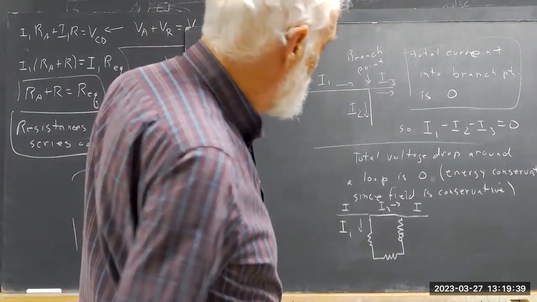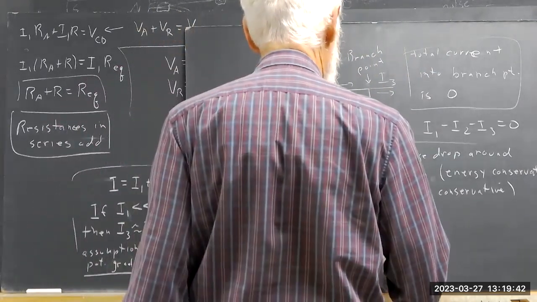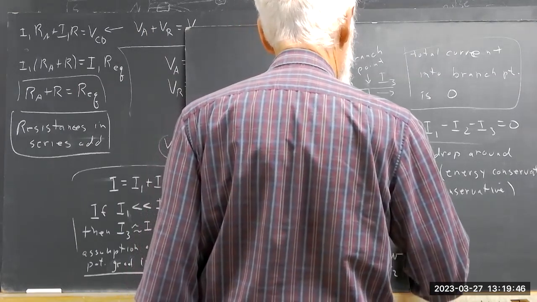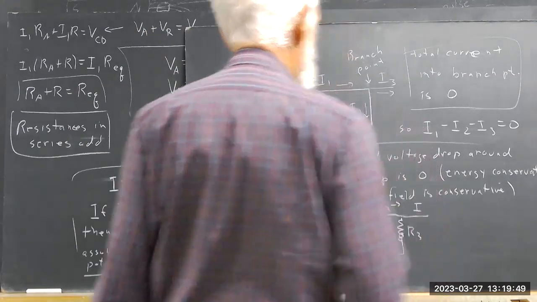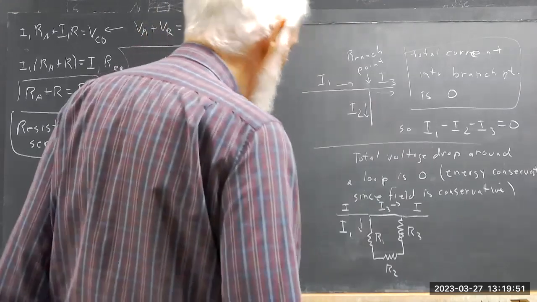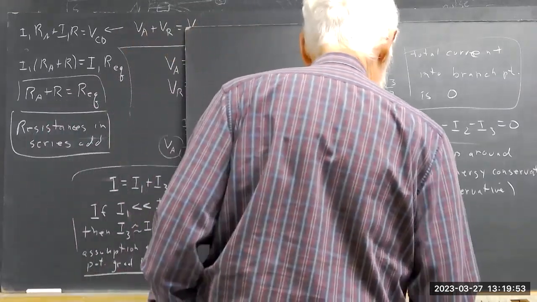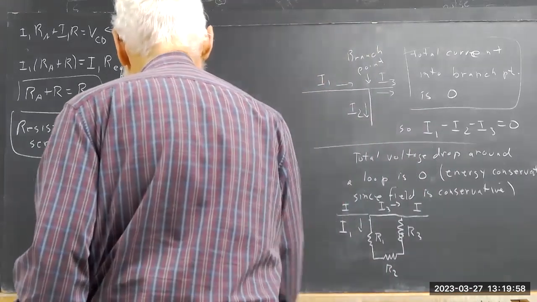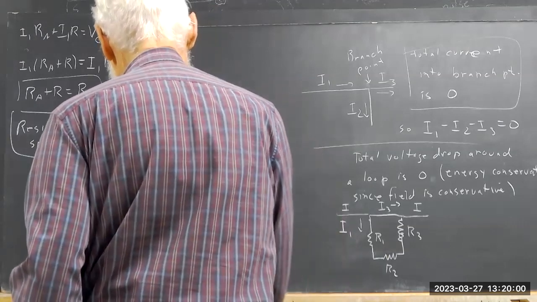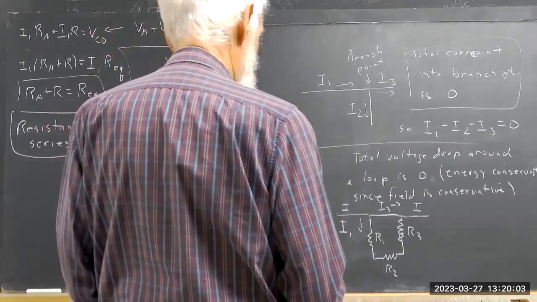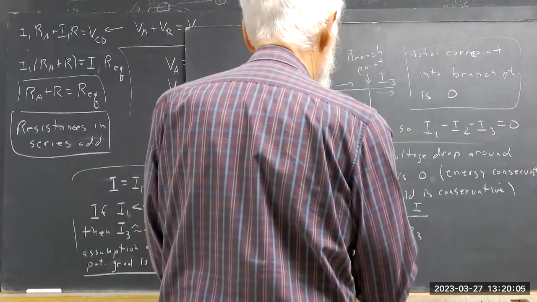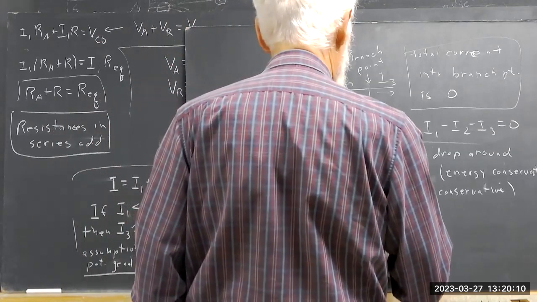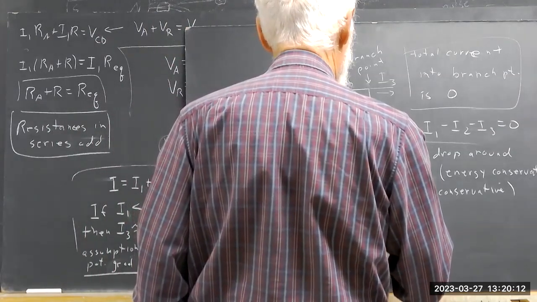Well, around this loop, all this R1, R2, and R3. And just for good measure, let's go ahead and put a resistor in here. We didn't have one. This will be resistance R4.